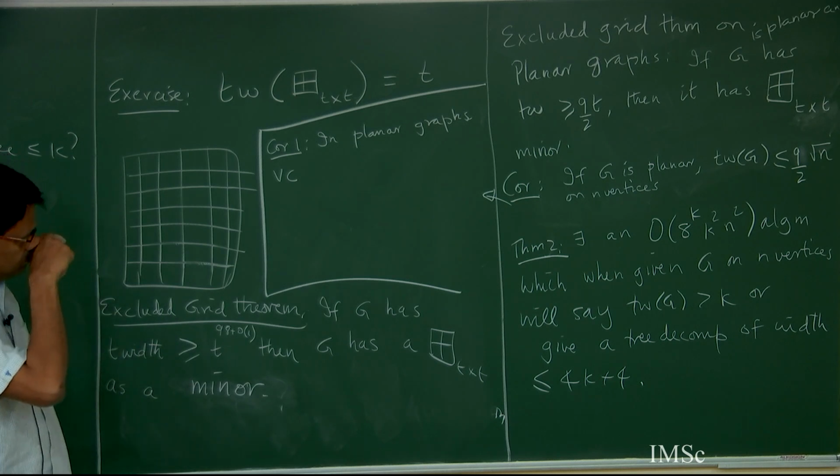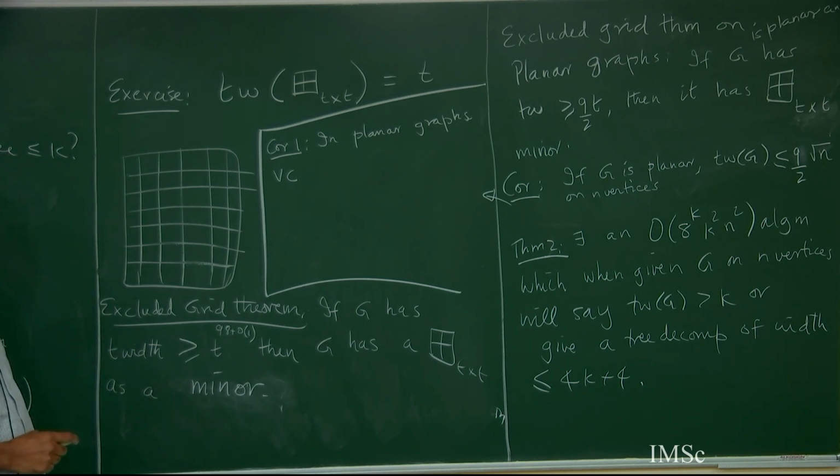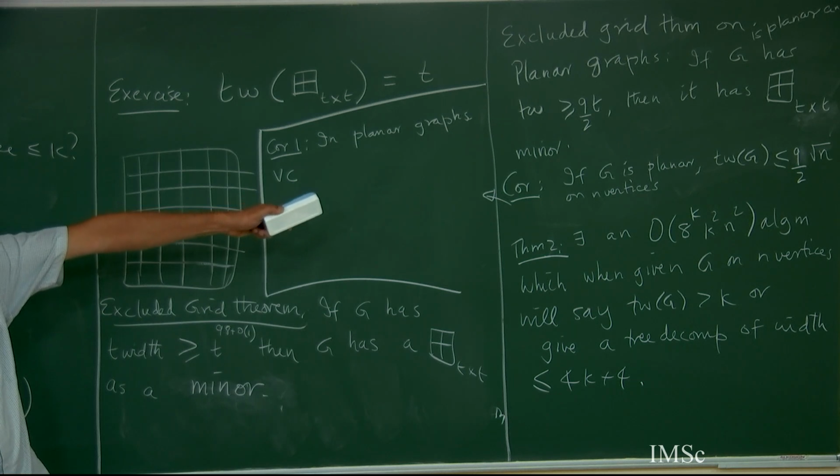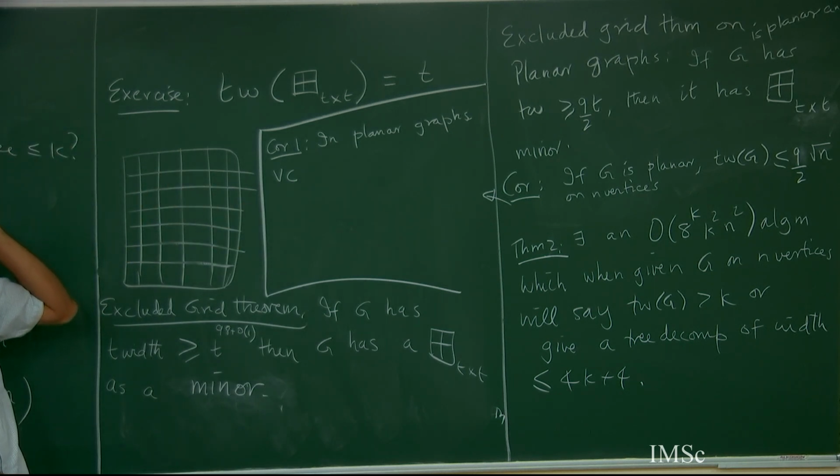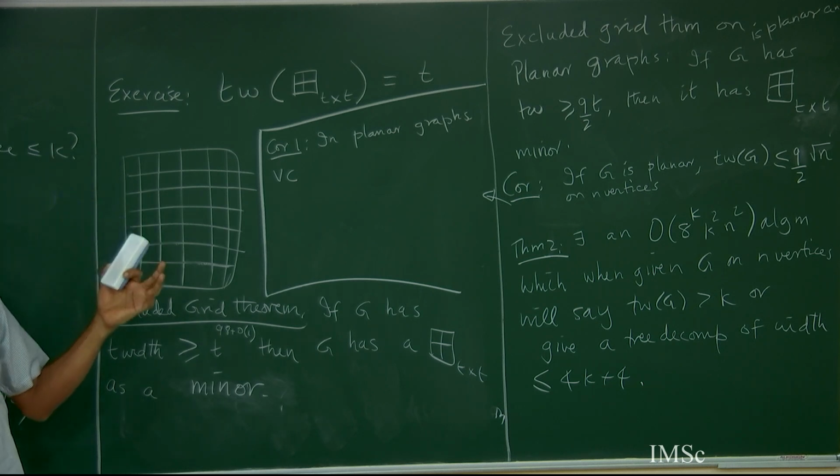But here, you can solve it in how much time? Why? Root n. So you take your dynamic programming algorithm we saw yesterday, which will run in 2 power tree width time.